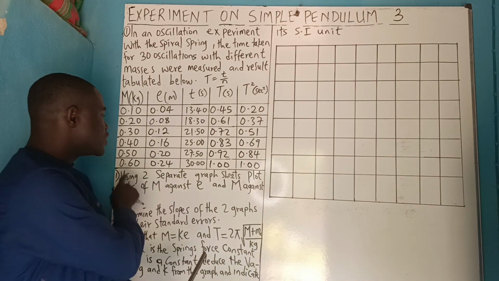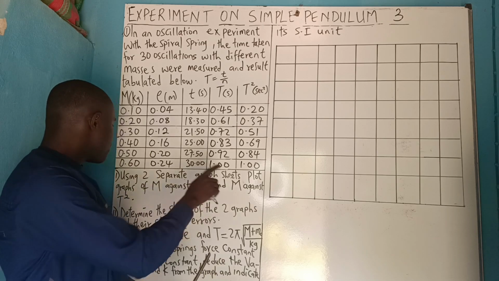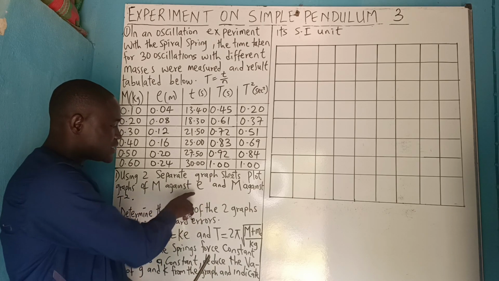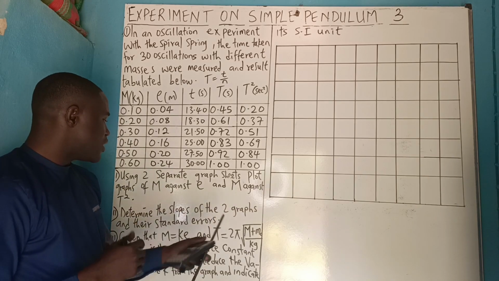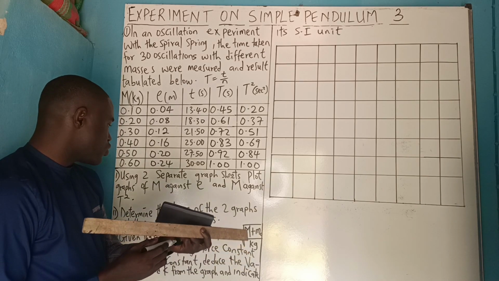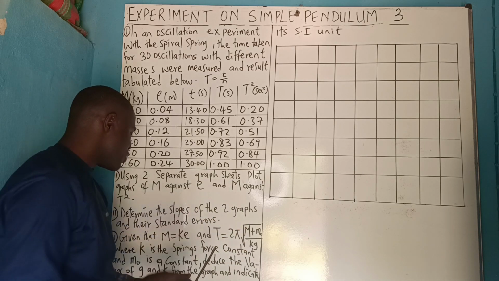Now they say, using two separate graph sheets, plot graphs of m against extension e and m against T squared. Determine the slopes of the two graphs and their standard errors.